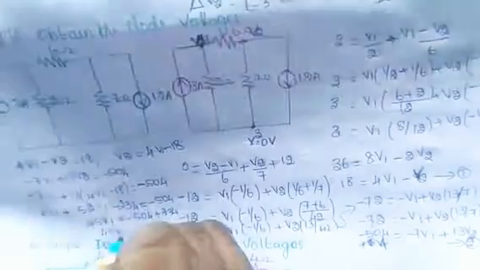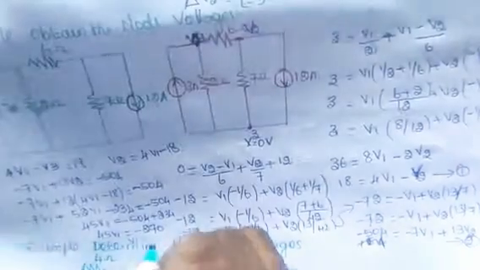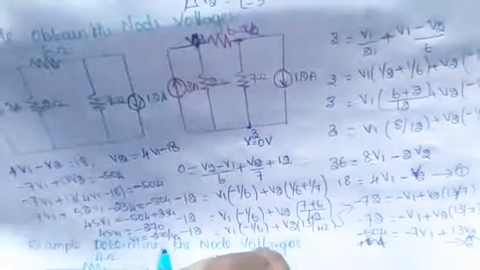So minus 7 plus 52, 45V1 is equal to minus 504 plus 234. So 45V1 is equal to minus 270. So V1 is equal to minus 270 divided by 45, whose answer will be minus 6.